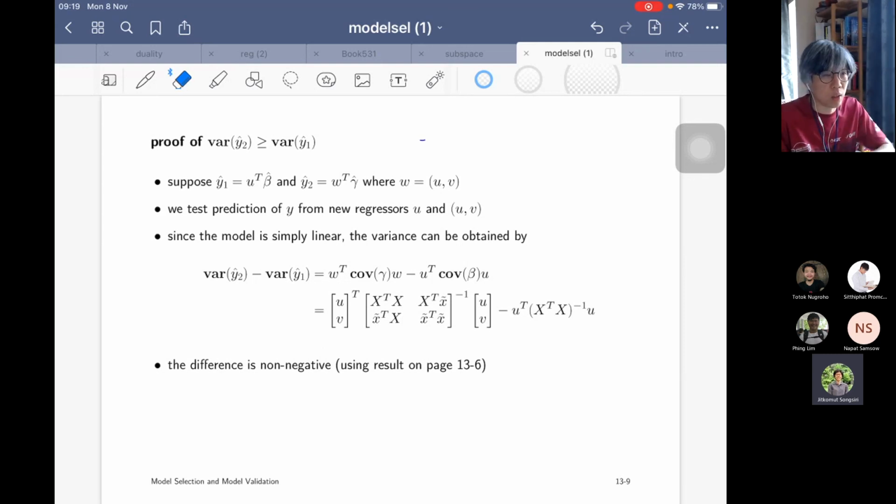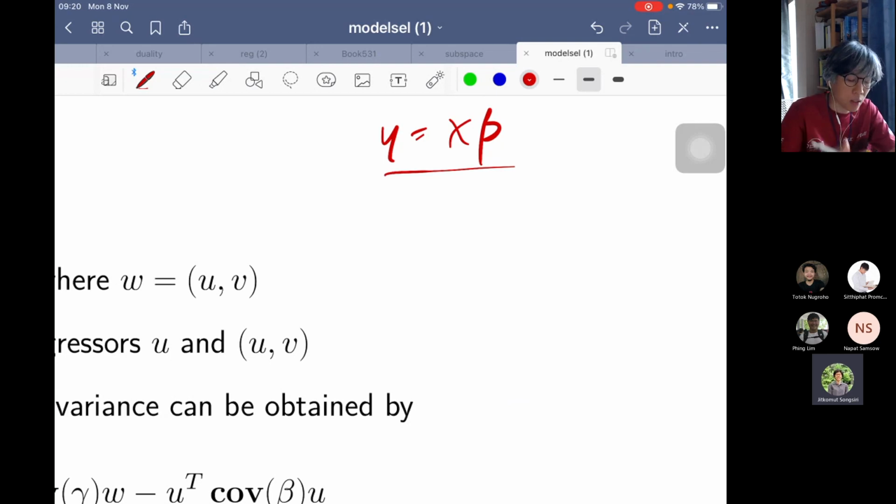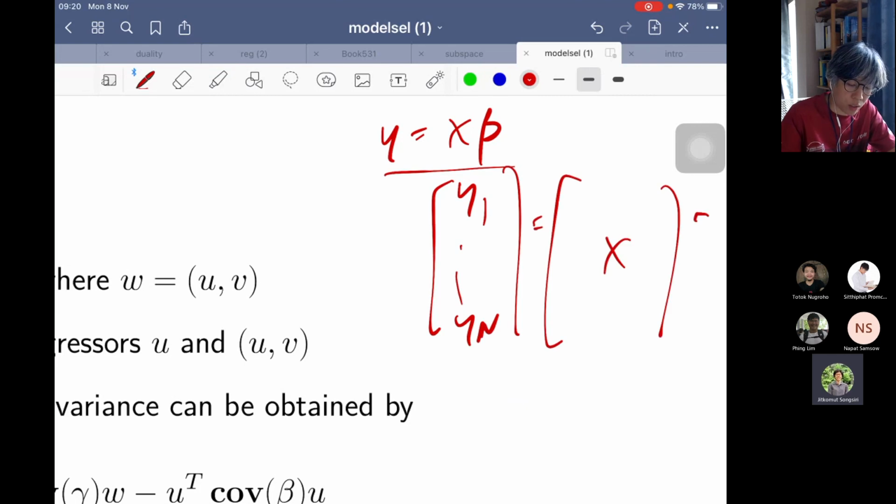But in a linear model, we will illustrate it this way, very simple. Think about again, you have this notation, the linear regression model. Remember that this is a vector form for performing the training or the estimation.